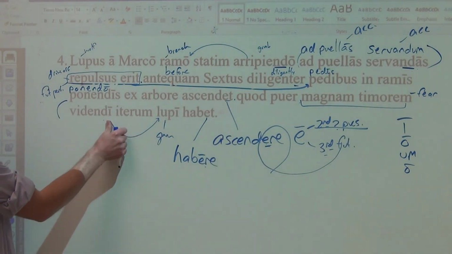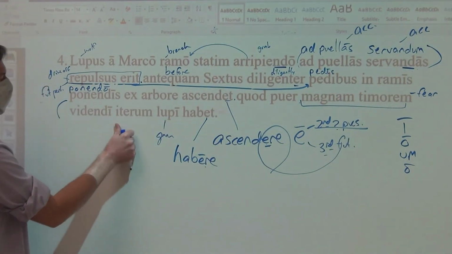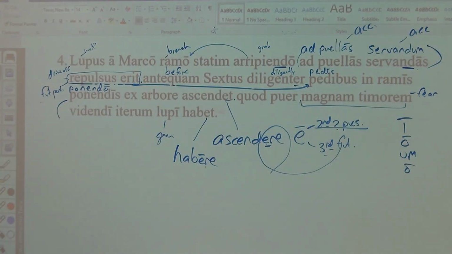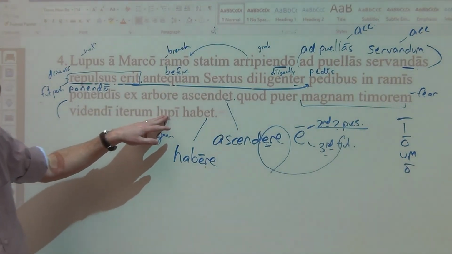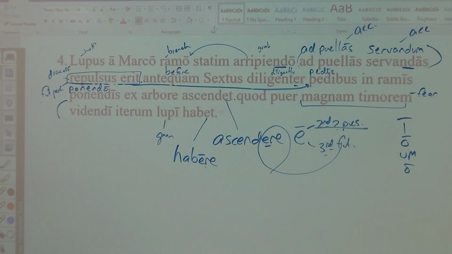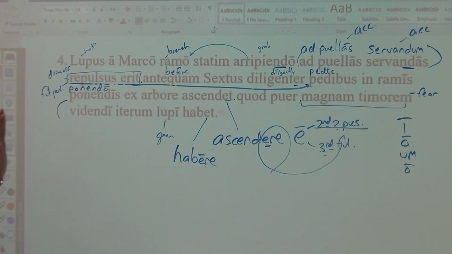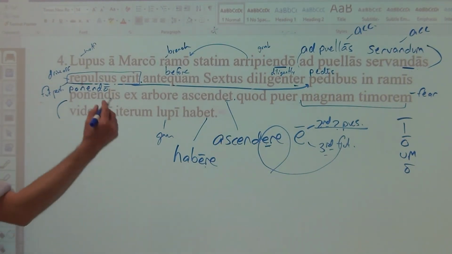Now we're going to try to turn this into a gerund phrase from its gerundive nature. To do so, we would have to make the wolf the direct object of the videndi, and it would not say a fear of the wolf about to be seen. It would be a fear of seeing the wolf. See if you can do it. Hopefully you put this down.